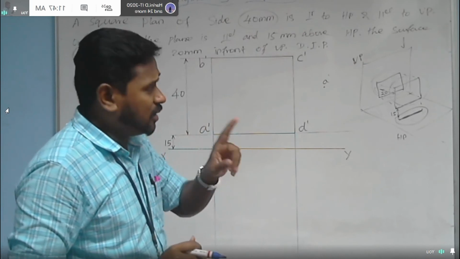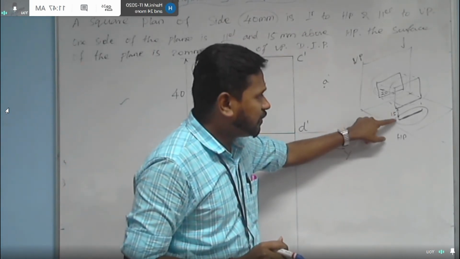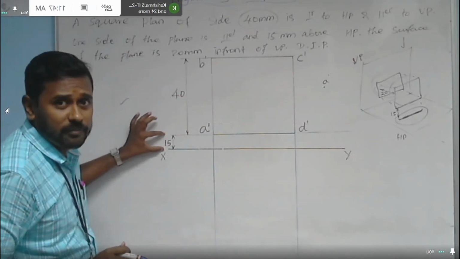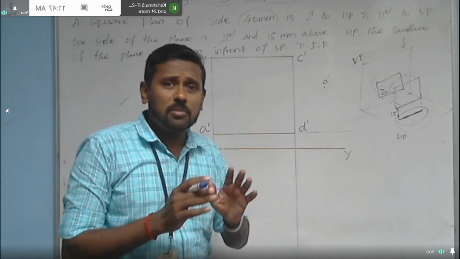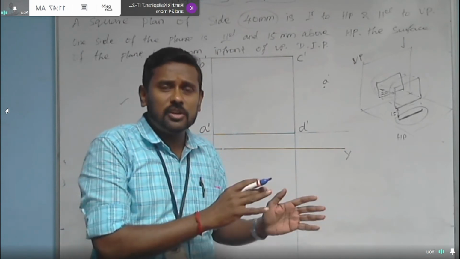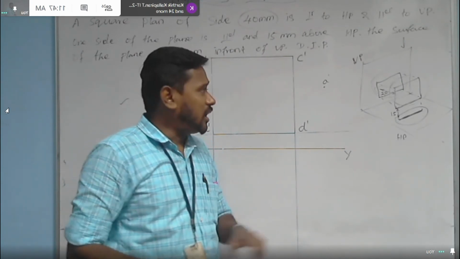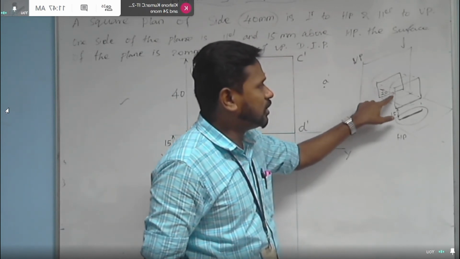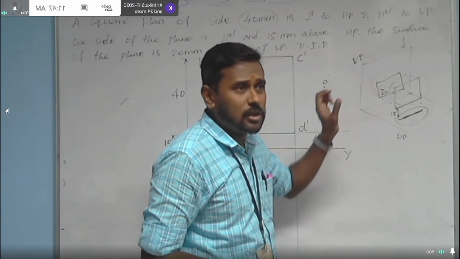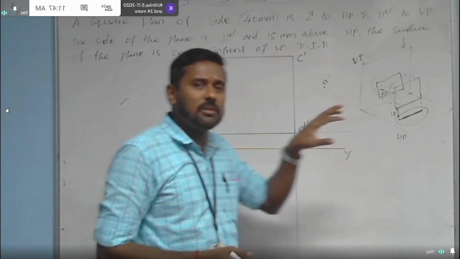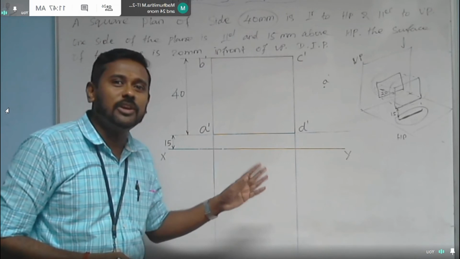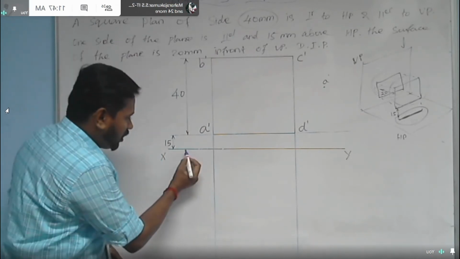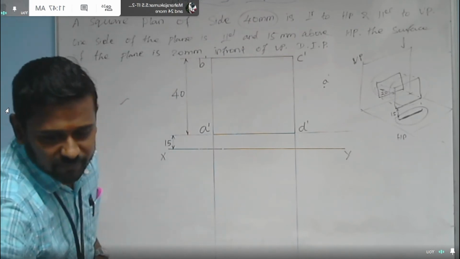See here, the object's one side is 15 mm above HP, and that 15 mm above HP relation is reflected in the front view. In the same way, any dimension of the object with respect to VP should be reflected in the top view. That's what I am saying: the surface of the plane is 20 mm in front of VP. That 20 mm in front of VP can be used here as 20 mm below XY, because below XY is nothing but the top view area. So below XY you need to measure 20 mm first.